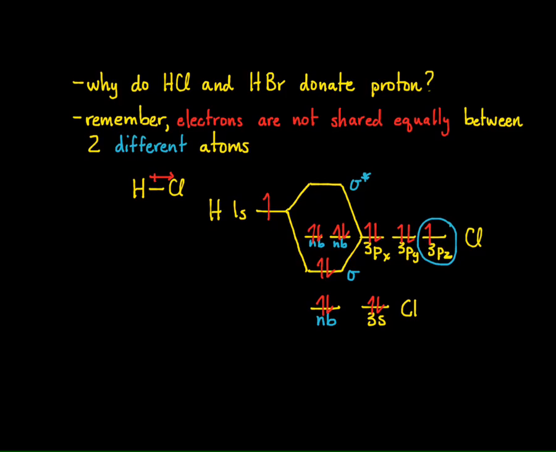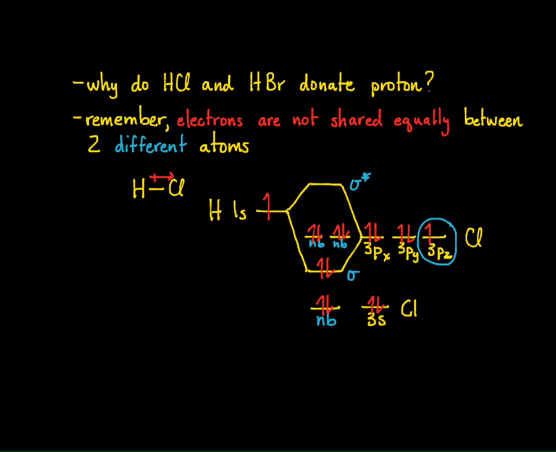So we have 3 non-bonding pairs, and now we have a sigma bond. We also have a sigma star orbital, and it is higher in energy. So this would be the lowest unoccupied orbital of HCl. That's going to become important later on in terms of reactivity. The sigma star is the LUMO.